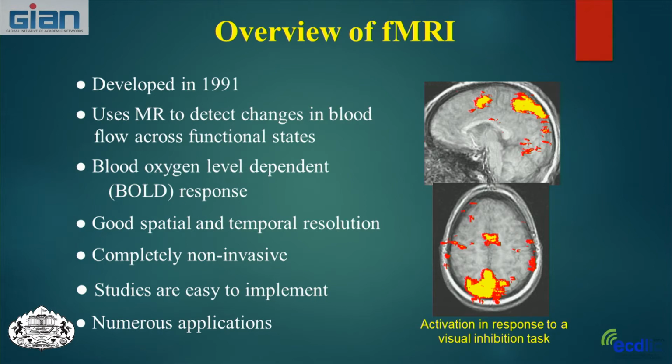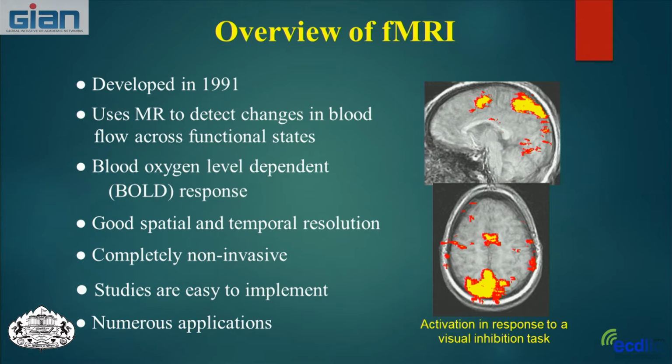The benefit of functional MRI is that we can get pretty good spatial resolution. Initially, when this technique started, we didn't have very good temporal resolution with it. But as we can push the MRI machines faster and faster, we can get a bit of temporal resolution. Not on the scale of an EEG, not on something that occurs instantaneously, but within the range of a few seconds. This technique is completely non-invasive, so it doesn't use any shots, any ionizing radiation.